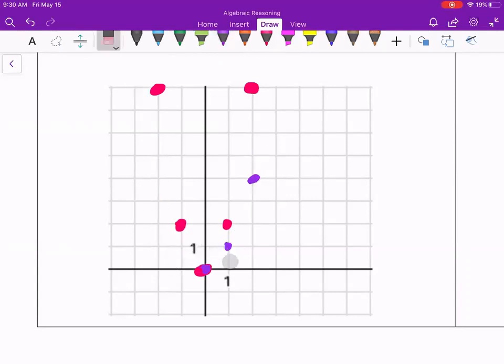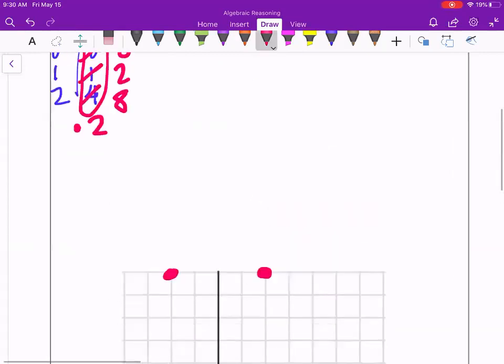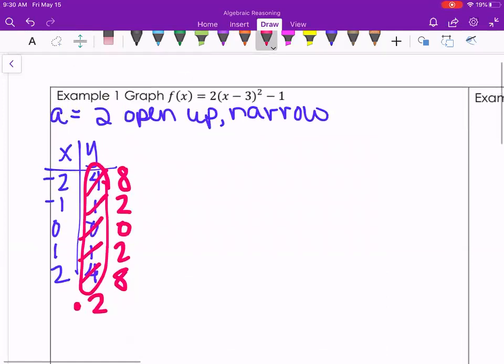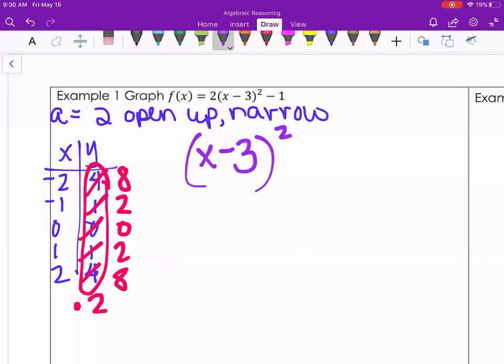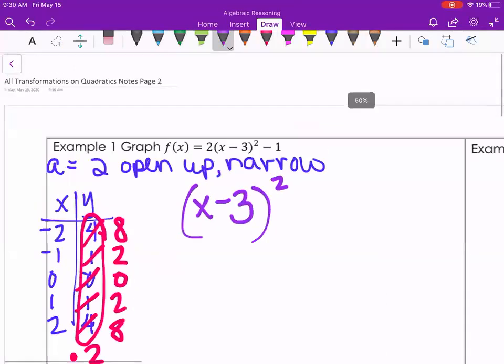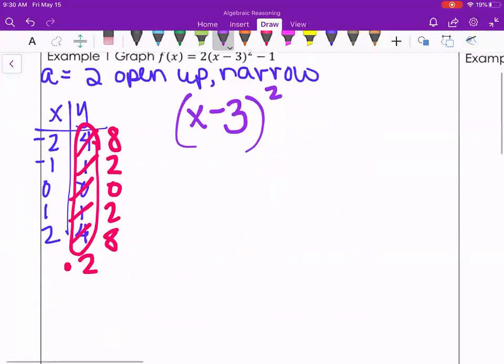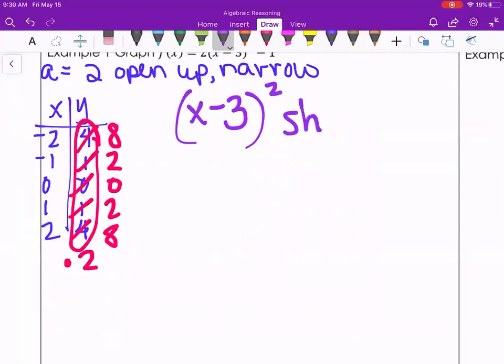So now let's go up and look at our next set of transformations. That's just the A value. All right, so now let's look at the inside of the parentheses, our x minus h part. So inside the parentheses, we have x minus 3 squared. So insiders lie. Remember, if we have a minus, that means we're going to shift right.